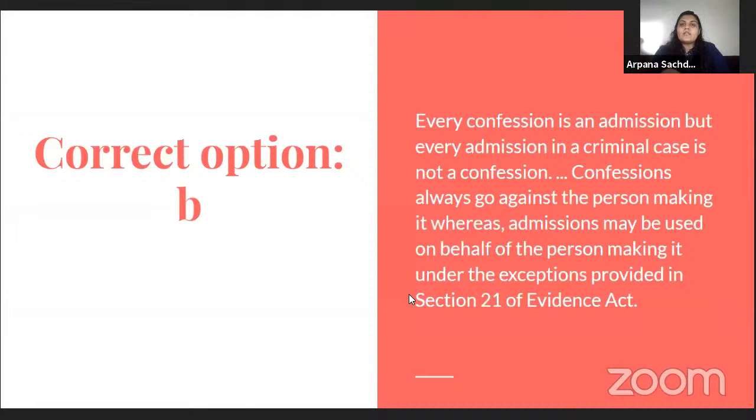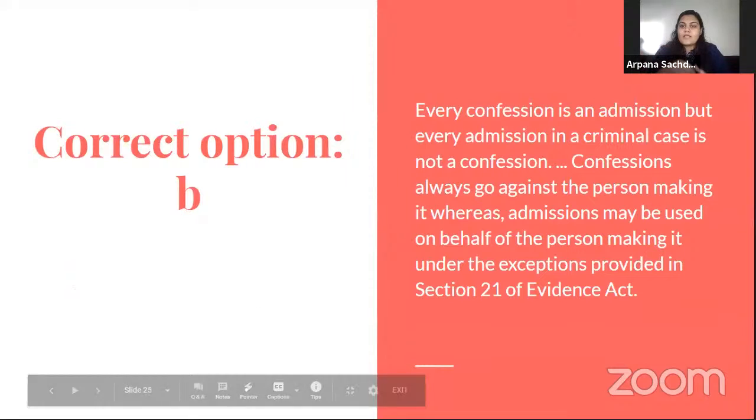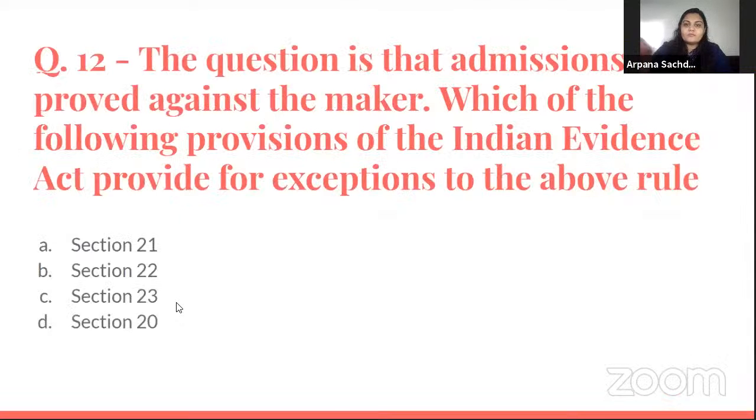So every confession is an admission, but every admission in a criminal case is not a confession. We can understand this particular question by Section 21. We are going to discuss Section 21 in our coming questions.